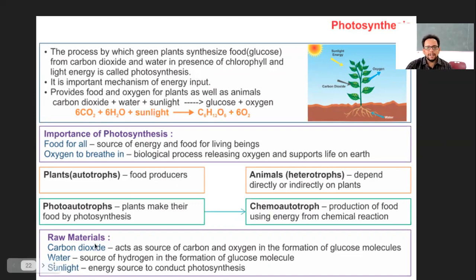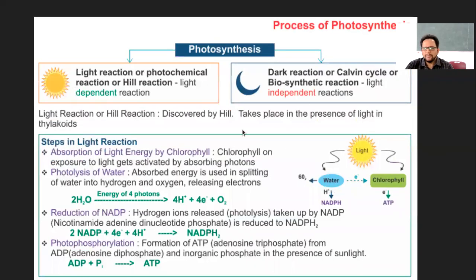And these raw materials, you know it very well, so I don't need to do anything there. So this is what we had seen. There are two types of reaction in photosynthesis: light reaction, because it happens during the daytime, so it is light dependent. And there are different names: photochemical, because in this specific reaction the photon energy or light energy is being utilized for the breakdown of water and generation of ATP and NADPH.